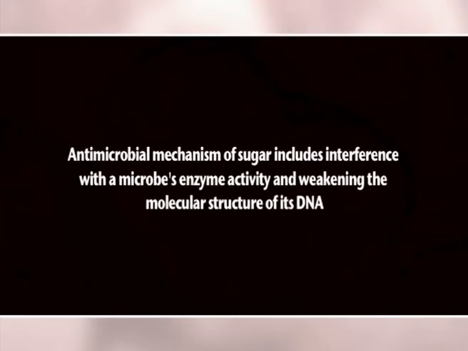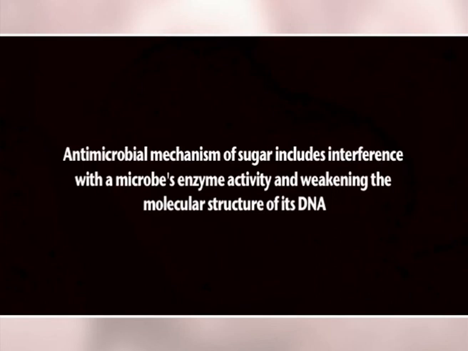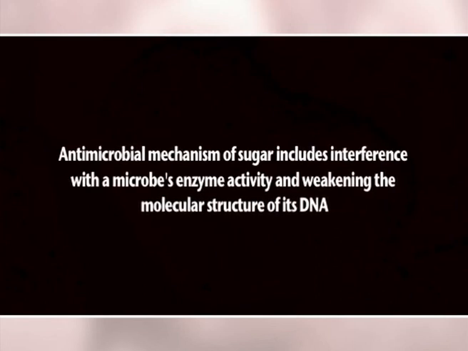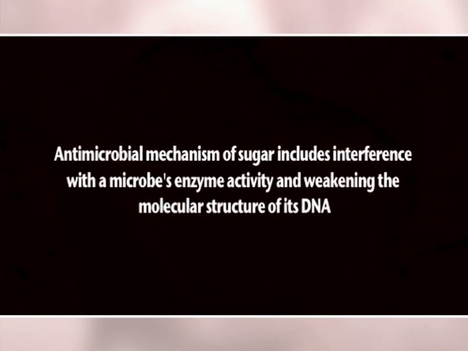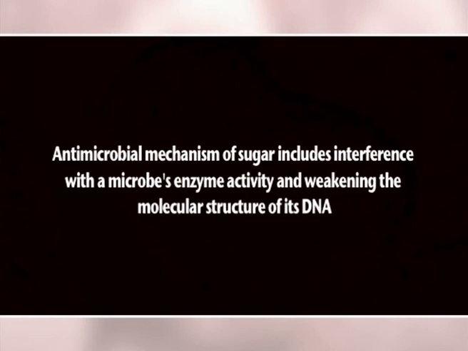The antimicrobial mechanism of sugar includes interference with the microbe's enzyme activity and weakening the molecular structure of its DNA. Sugar may also provide an indirect form of preservation by accelerating the accumulation of antimicrobial compounds. For example, the conversion of sugar to ethanol in wine by fermentative yeasts or the conversion of sugar to organic acids in sauerkraut by lactic acid bacteria.